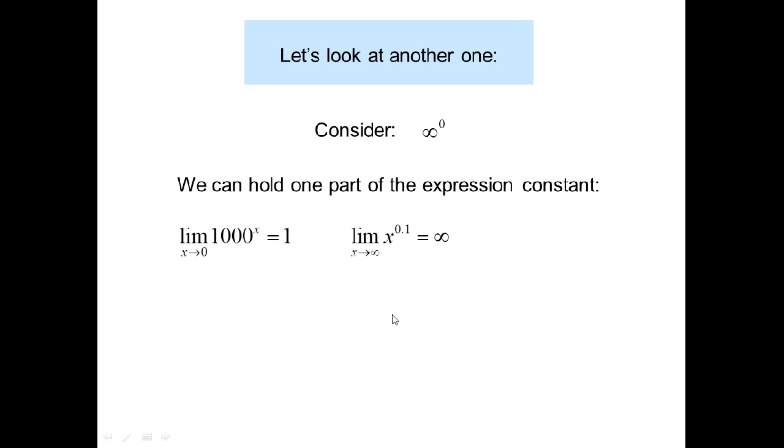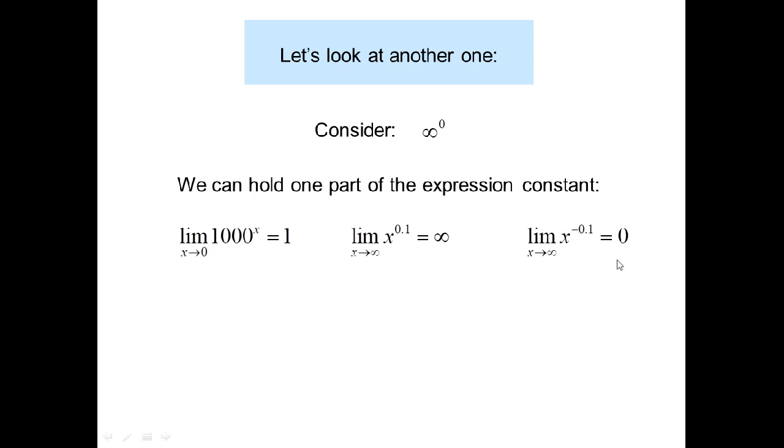What happens if we flip it around? We let our exponent be some small number, but we let our base vary and go to infinity. Well, infinity to the 0.1 power is still going to be infinity. So in that case, we've got 1 here, we've got infinity here. Well, what about if we're approaching from the negative side? Let's say our exponents are negative.